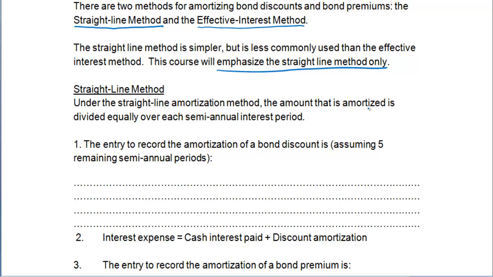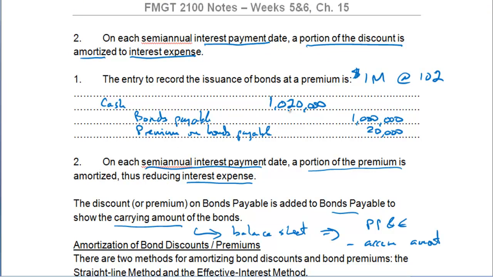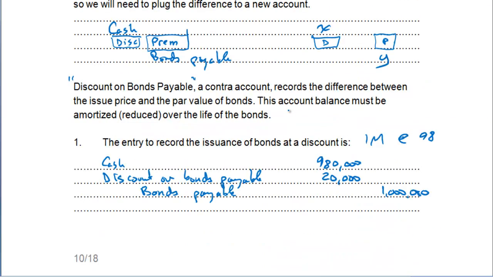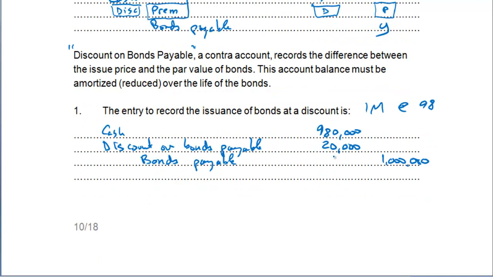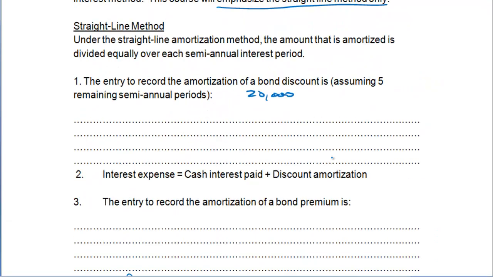Based on our example, if we have a discount of $20,000, back here that was a premium, but the discount was the same amount, and let's say we have 5 periods left before the bond matures, that's 5 six-month periods, so the bond matures in 2.5 years. $20,000 divided by 5 periods is equal to $4,000 per period.